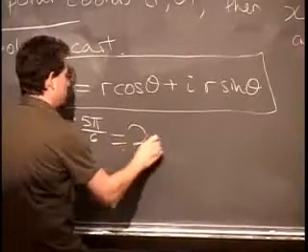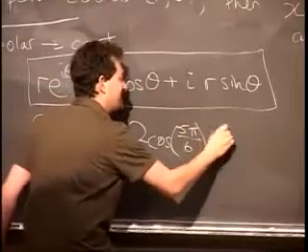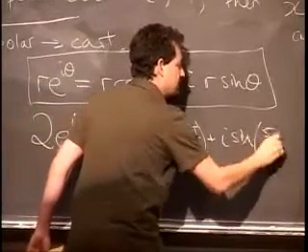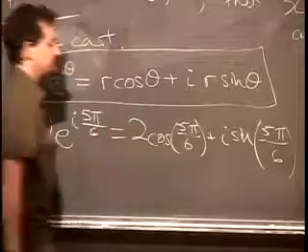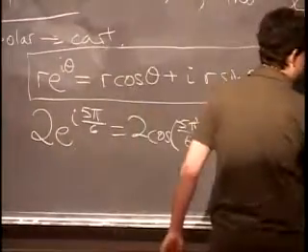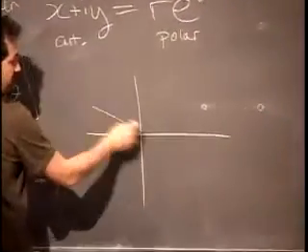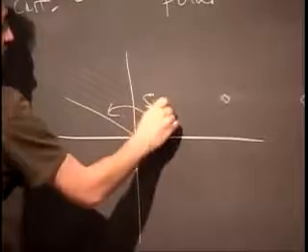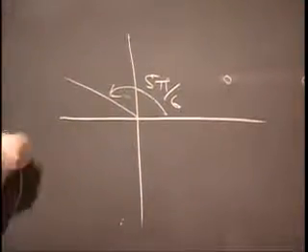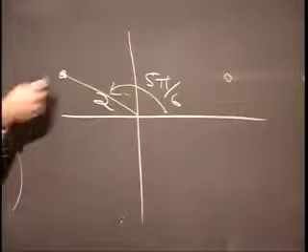This is 2 times cosine 5 pi over 6 plus I sine 5 pi over 6. Let's just draw a plot of it. Plotted on the complex plane, 5 pi over 6 is here. It's not quite all the way to pi, and a distance of 2 up there. So this is the point we're looking for.